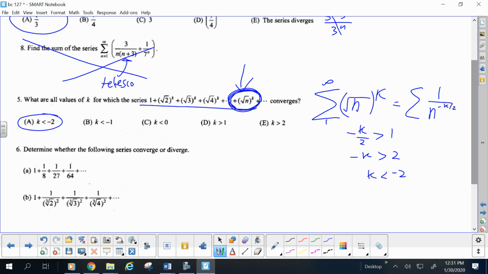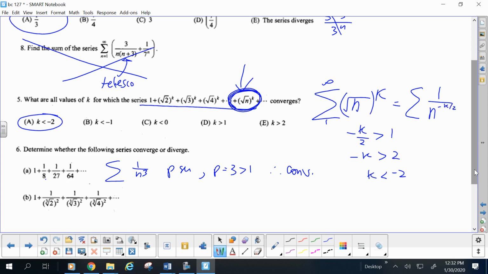Okay. Last but not least, this guy. Wow, I don't see any powers. What is this? The series of 1 over n cubed. Does it converge or diverge? Converge. Why? P-series, p equals 3, greater than 1. We conclude it converges.